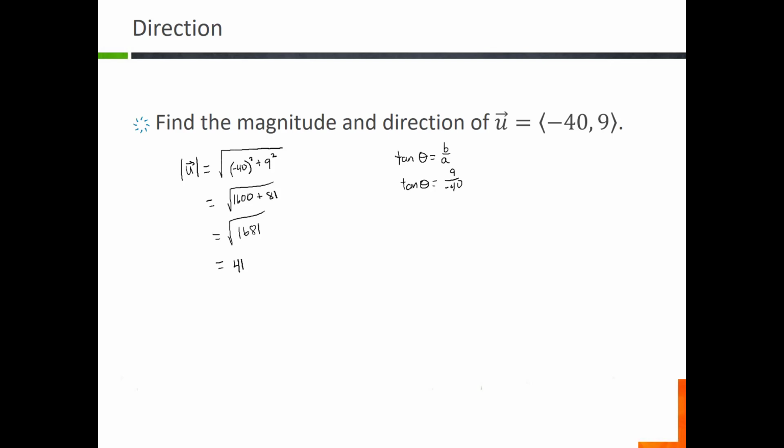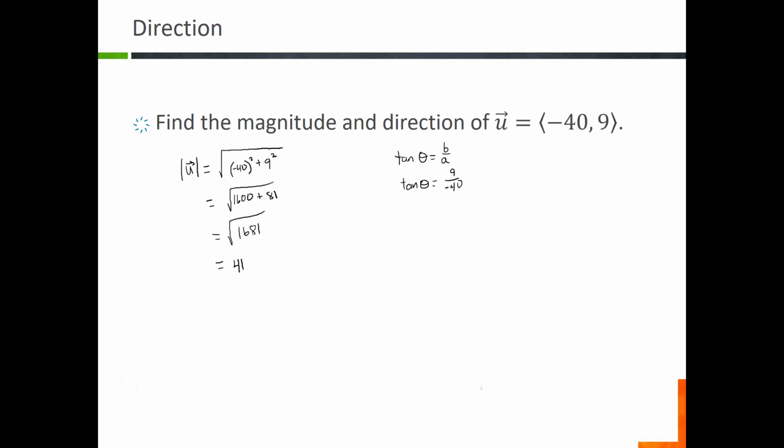Okay, so 9 over negative 40 is not a unit circle value. So how do we go about figuring out what that angle is? Hopefully you can remember that we did this using our inverse function.